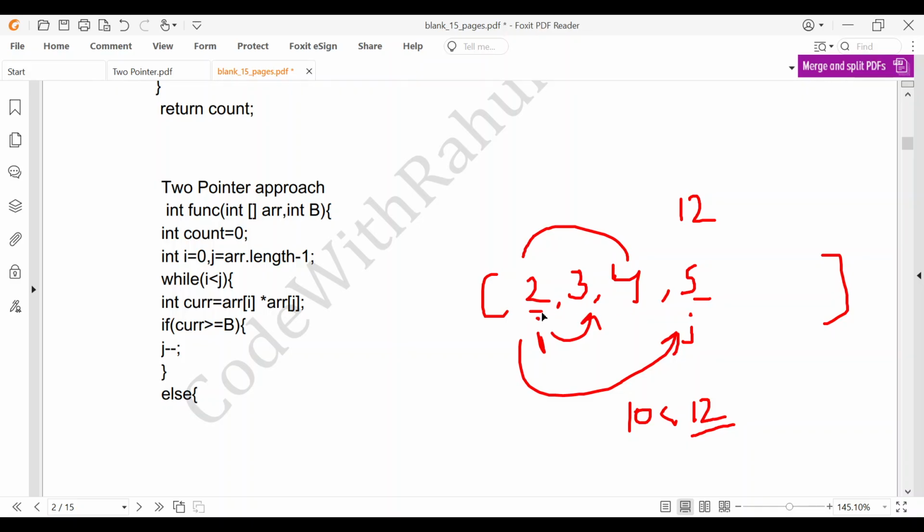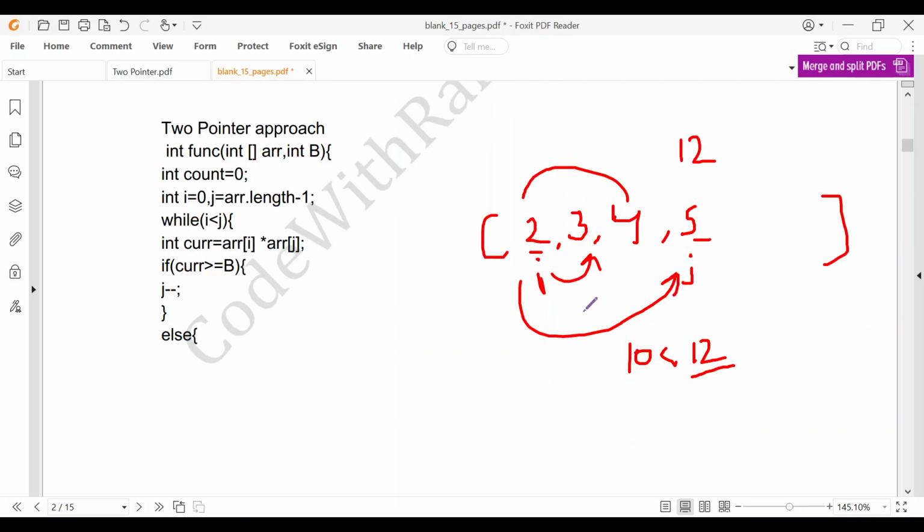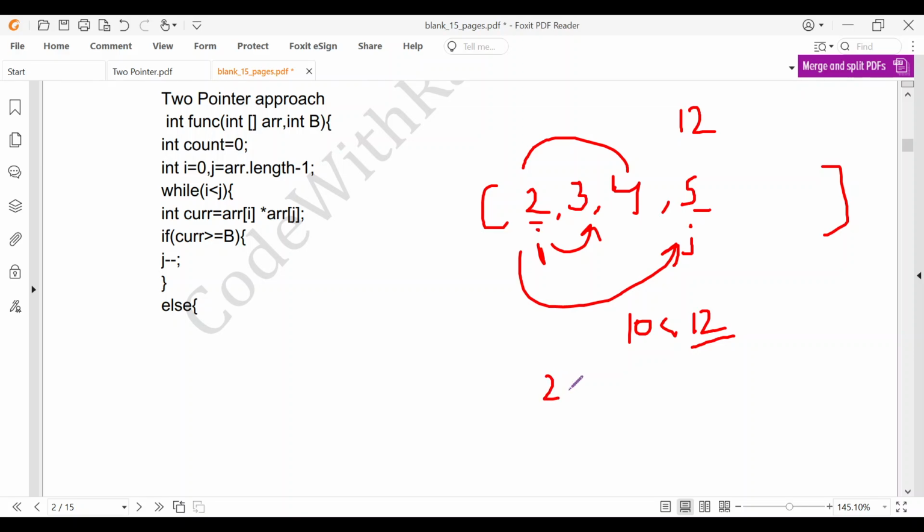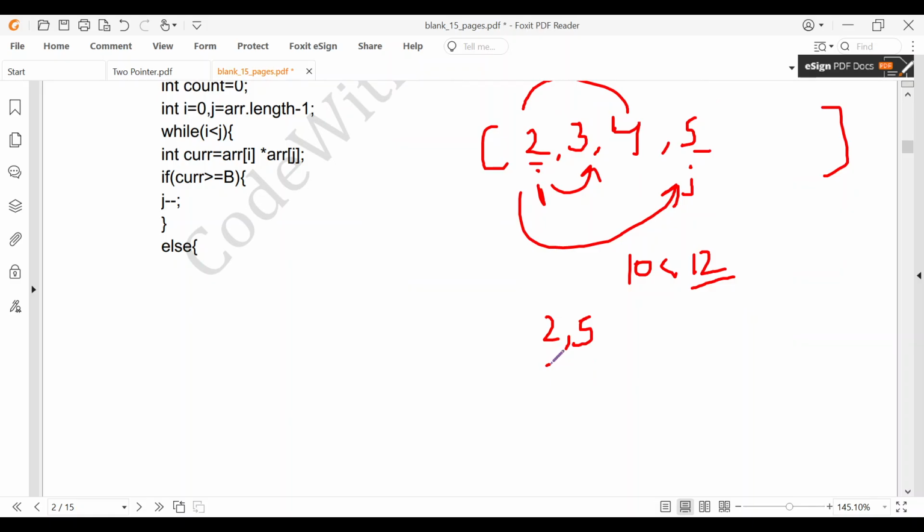Therefore, if 2 and 5 is a valid pair, 2 and 3 should also be a valid pair. Now understand again: if 2 and 5 is a valid pair, then 5 and 2 should also be a valid pair.